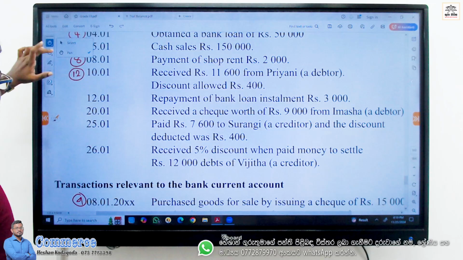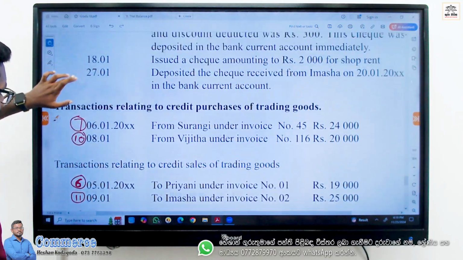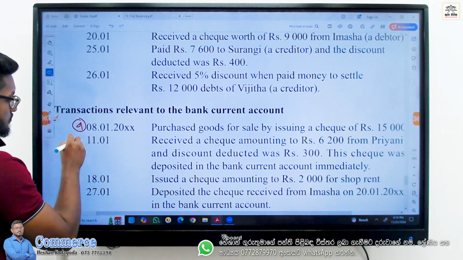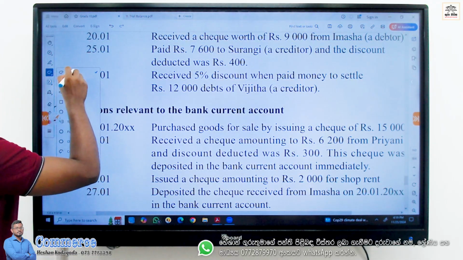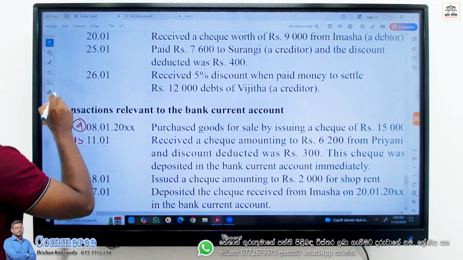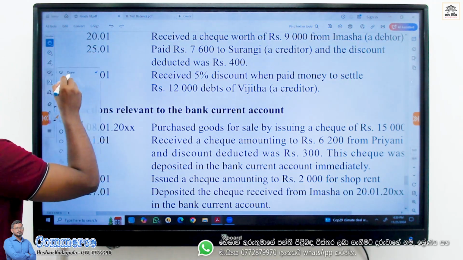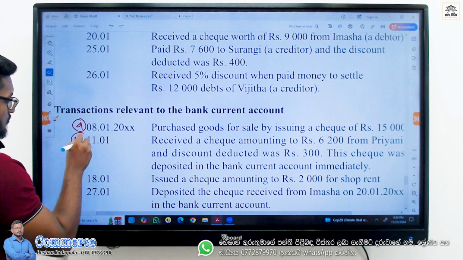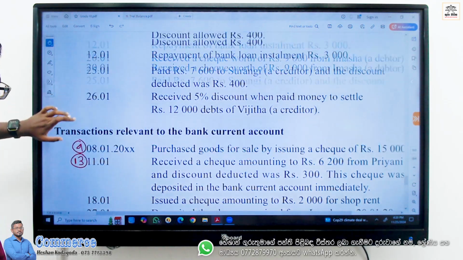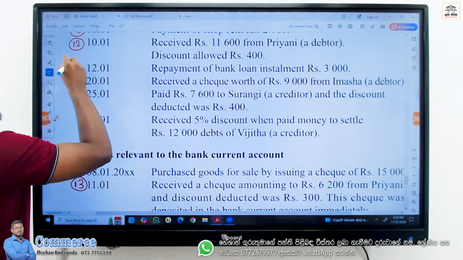Then January 11th is the 13th transaction. Then January 12th is the 14th.